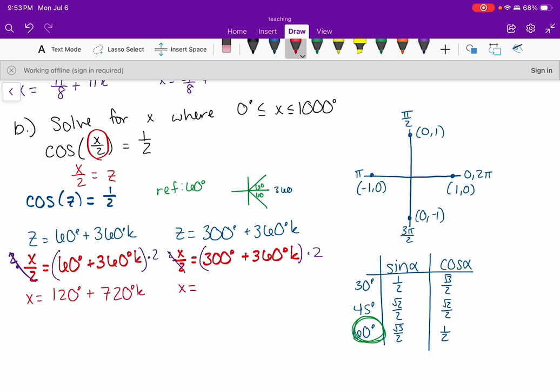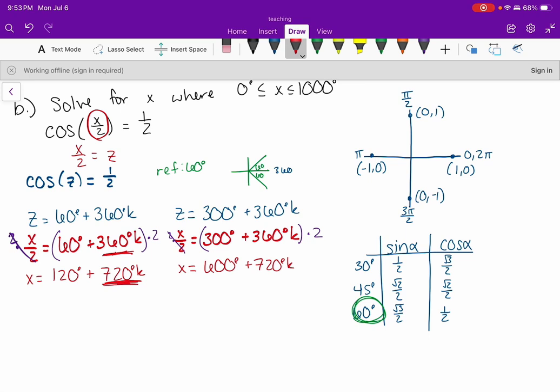And I also have x equals 300 times 2 is 600 plus 720k. So what happens is whenever you multiply or divide or something like this to get your x value, you have to still consider the k right here because we may be able to add or subtract that value to get a new answer.